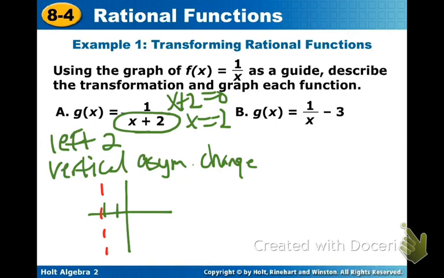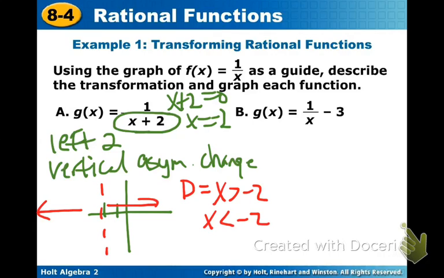So for our domain, what are all our possibilities of x? x greater than negative 2, so that would pull these in, and x less than negative 2 would pull in all of these.